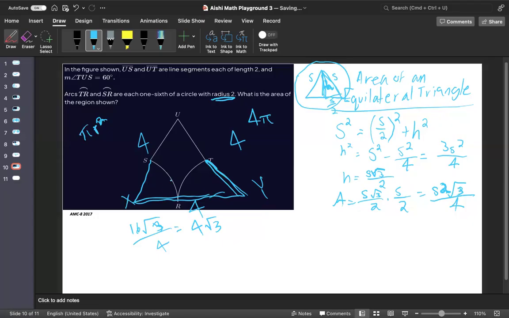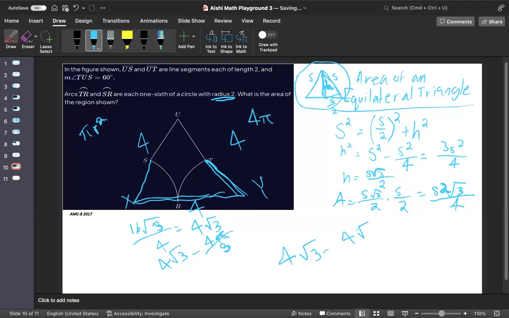Since each is 1/6 of a circle, if you add the areas of these together, we would get the area of 1/3 of a circle. So we would have 4 root 3 minus 4 pi divided by 3, since both of the areas together would make 1/3 of a circle. And that's your answer.